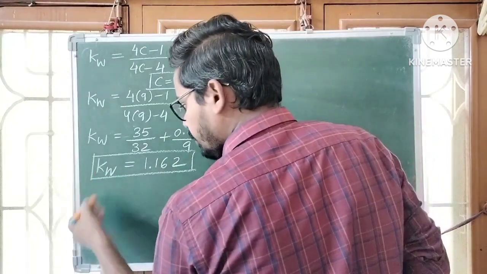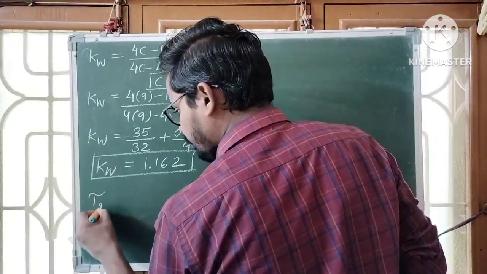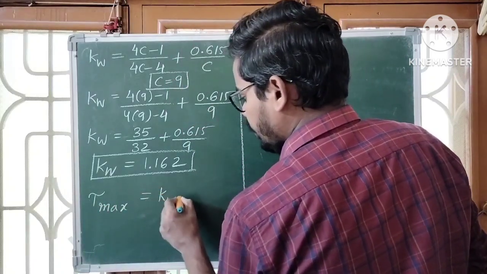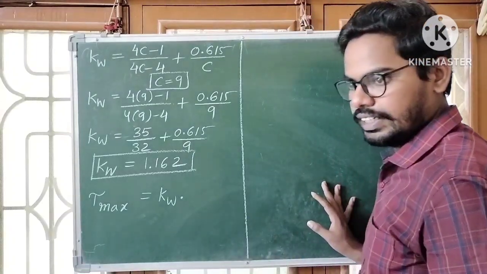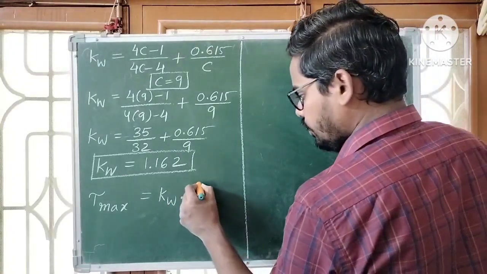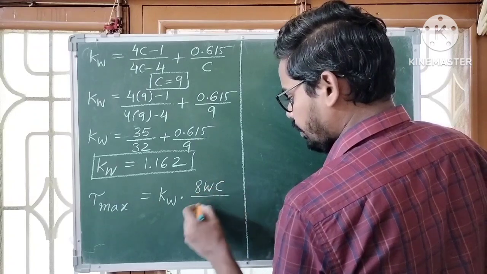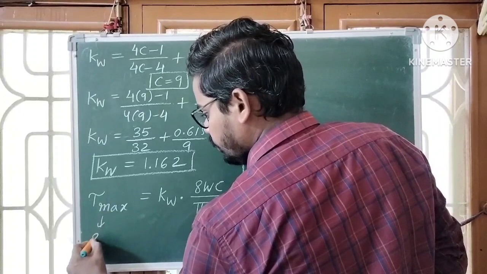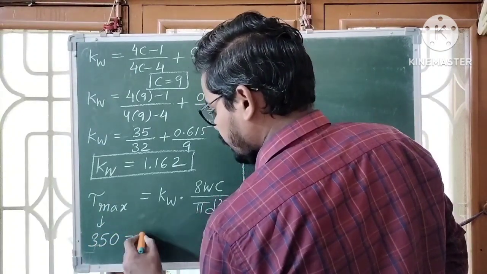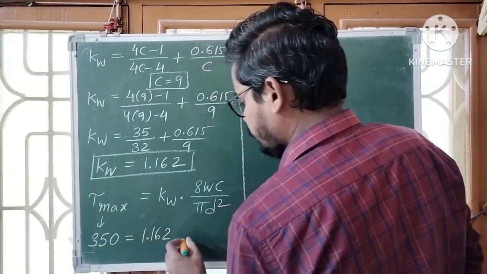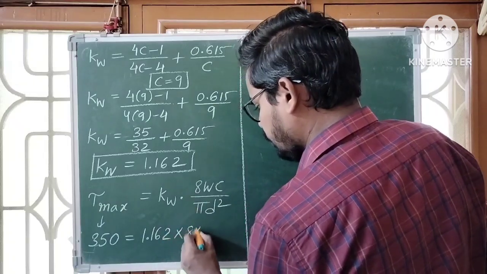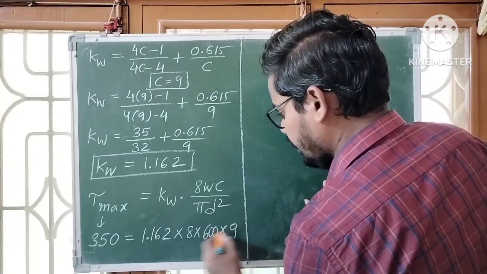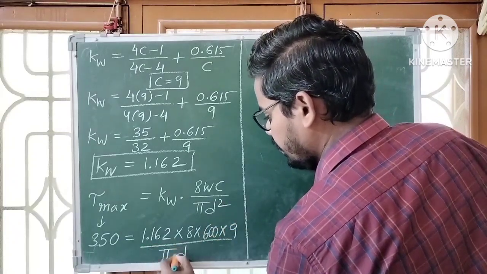Now we know that permissible shear stress tau maximum is equal to Kw, considering the curvature effect, Kw into 8WC by pi d square. So tau maximum: 350 Newton per mm square is equal to Kw 1.162 into 8 into load given 600 newtons into C 9, whole divided by pi d square.